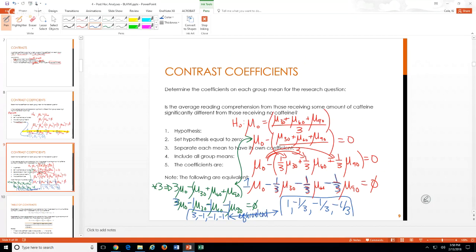What do you notice about these two sets? The sum of the values equals 0 in both of them.